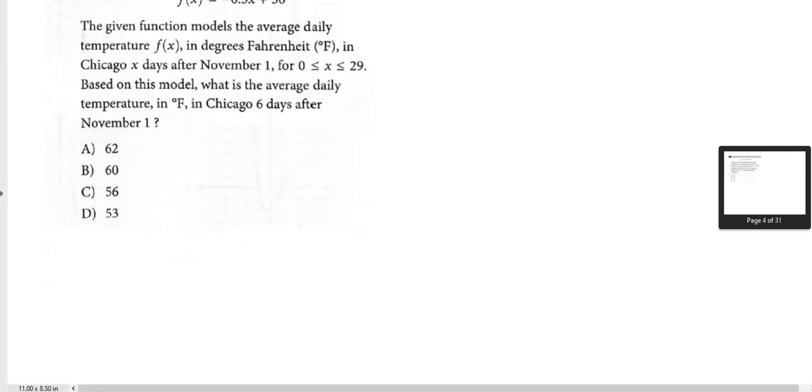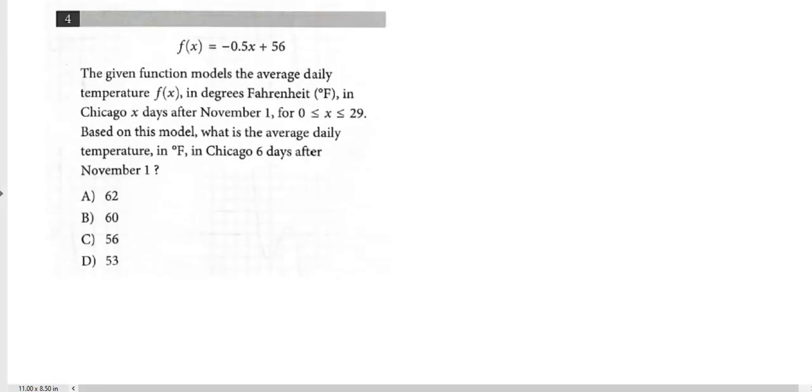All right, let's go to the next one. Looks like we have a function. It's modeling temperature. So let's just jump in. F of x is the temperature in Fahrenheit in Chicago x days after November 1st. So it looks like they kept track of 29 days that month. Based on this model, what is the average daily temperature in Chicago 6 days after November 1st?